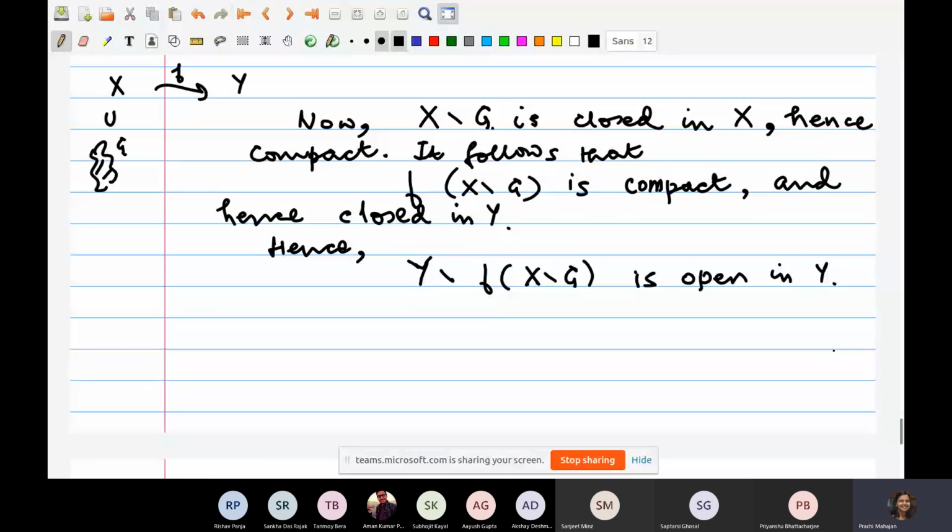Is that okay? But again, using the fact that f is one-one and onto, what do we get? Let's remind ourselves that little f is a bijection.